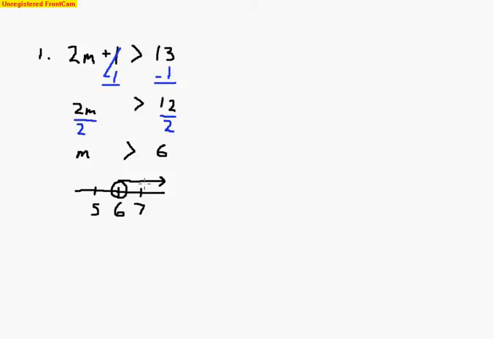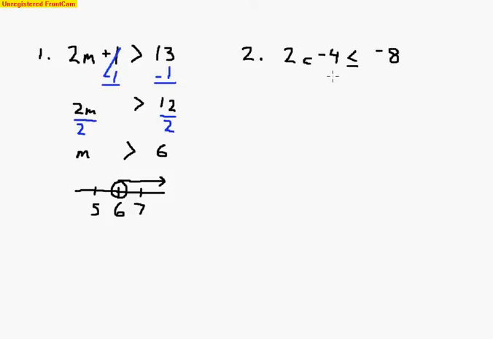So let's take a look at another example. Try number 2 here. And let's say we had a 2c, and then a minus 4 is less than or equal to, we'll go with a negative 8.